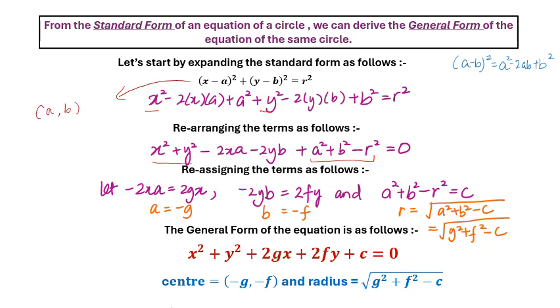So if I represent a with negative g, then the center now becomes negative g, negative f for the general form. So if we're using the general form of the equation, then the center will be negative g, negative f, and then the radius will be this.